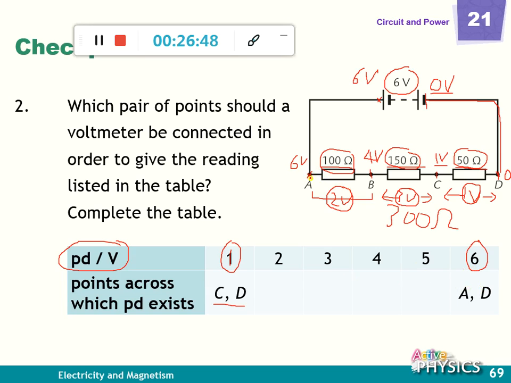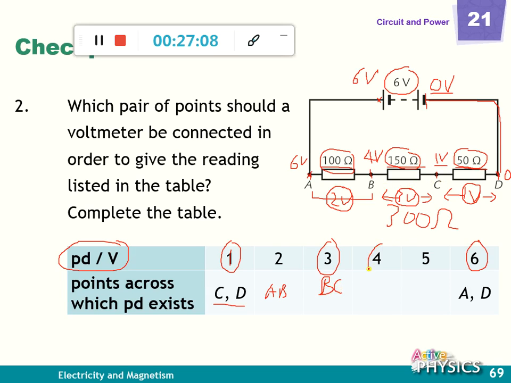For example, starting from A is 6, and then B is 4. Then the difference should be 2. Then here should be AB. How about the difference is 3? 3 will be 4 and 1. So this one should be BC.